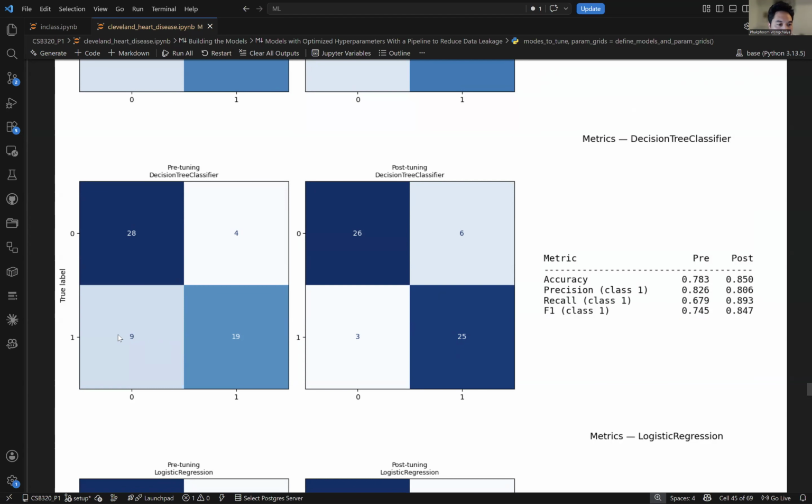It went from making 9 false negatives down to 3. So that's a great increase. However, its false positives went up by 2 predictions. I'm not too worried about that because again, I'm really more focused on its ability to recall on class 1 there.